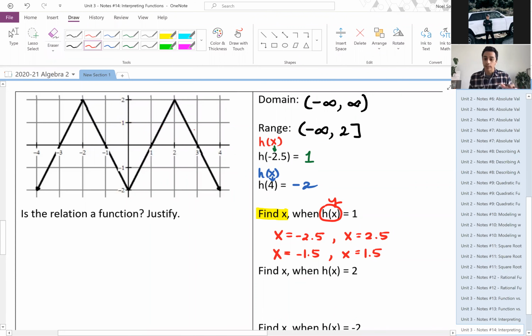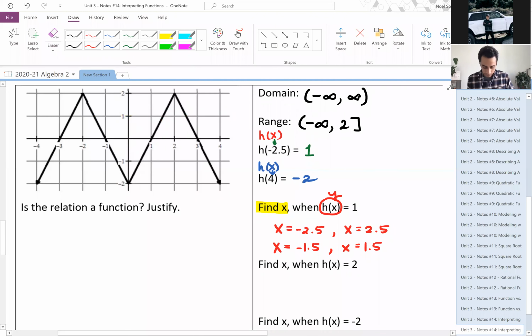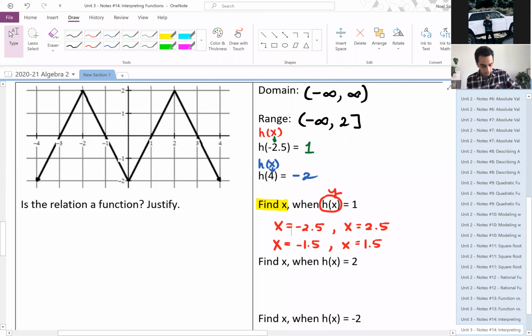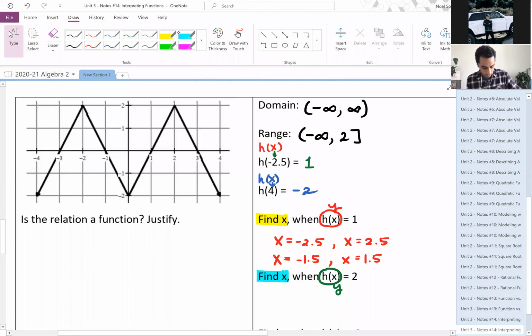All right, I'm going to erase it because we have a similar question underneath and I want to make sure that it's clear. We're finding x again, but this time when y is equal to 2. So I'm going to look at when y is equal to 2 and highlight it. Here is when y is 2, so I'm going to highlight the whole way across.